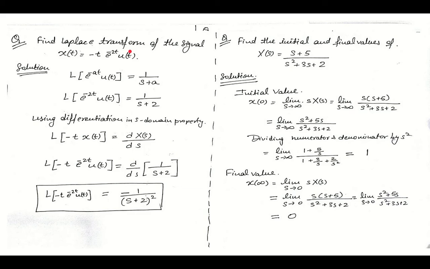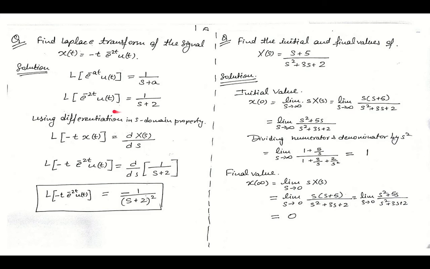Since we already know that the Laplace transform of e to the power minus at u(t) is equal to 1 upon s plus a, applying this value with 2 in place of a, the Laplace transform of e to the power minus 2t u(t) will yield us 1 upon s plus 2.